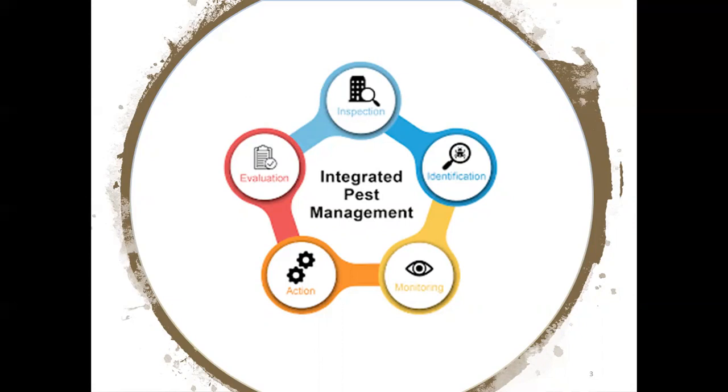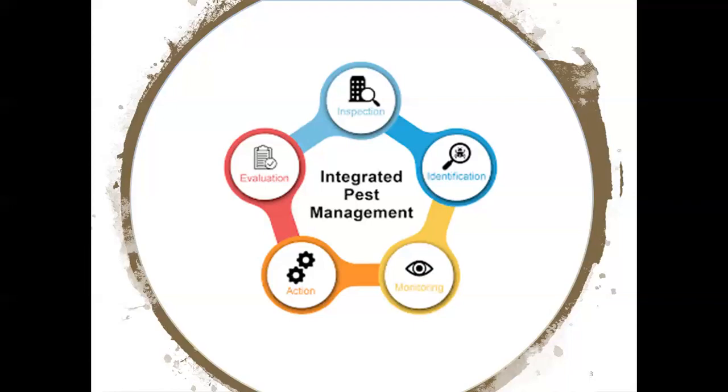Then we go directly to the action. In action, there are several types: cultural, mechanical, physical, biological, chemical. All those actions are included in IPM. And last, evaluation is the key step of IPM, in which we evaluate ourselves and the pest, what we have done exactly and what our output is.